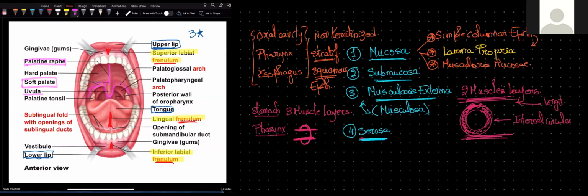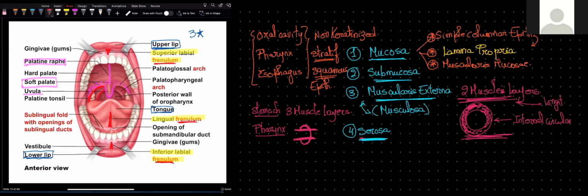If you notice here, we have two arches. An arch that appears as a connection between the palate and the tongue, and another arch that appears to be a connection between the palate and the pharynx.